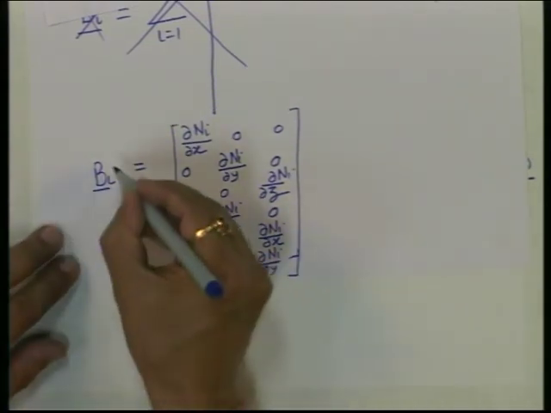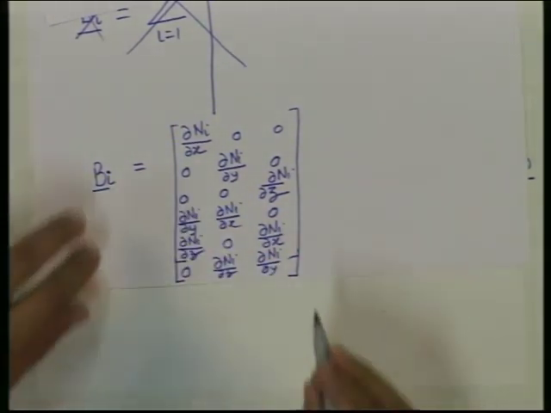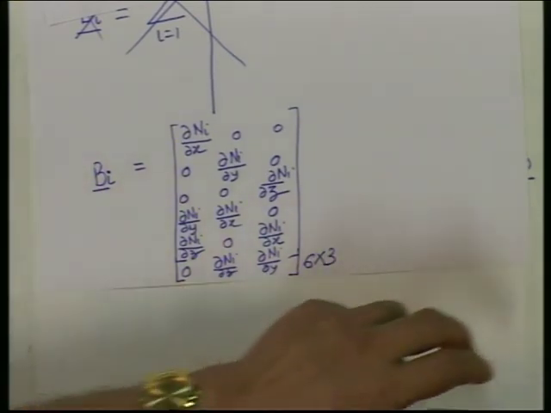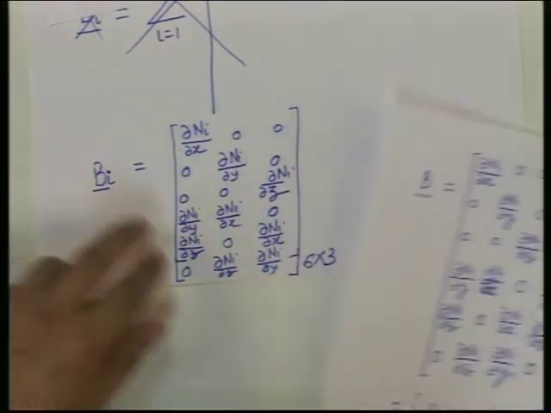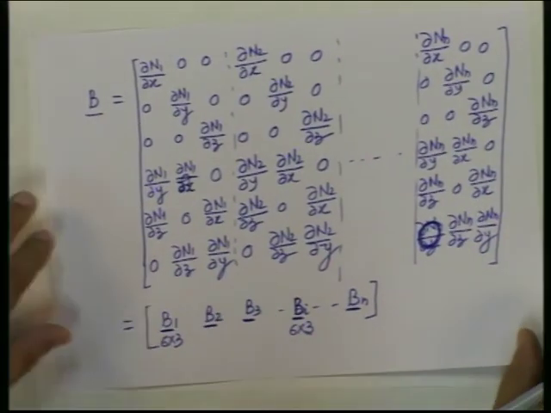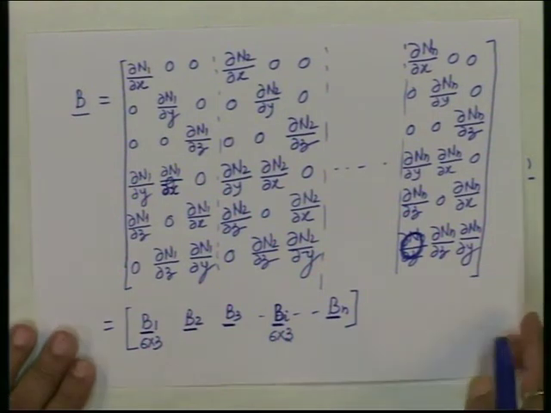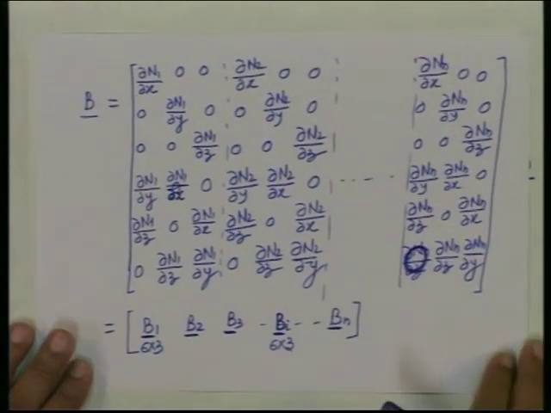So I have defined a small sub matrix which is only a 6 by 3, and I can create all the rest of my total B matrix. One is a simple matrix like this, and the total matrix looks like something like this. Okay? Is it okay? Have you understood?